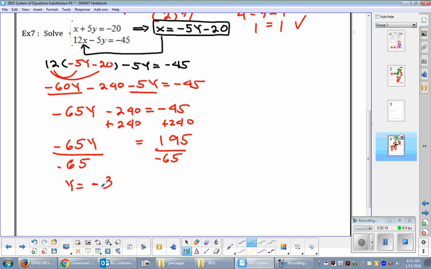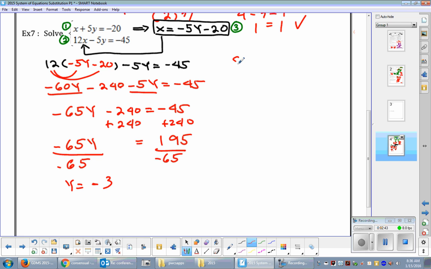Okay. So once you have your y value, you can use either the first equation, the second equation, or the equation that was derived from the first equation. So in this case, we are going to use the third equation.